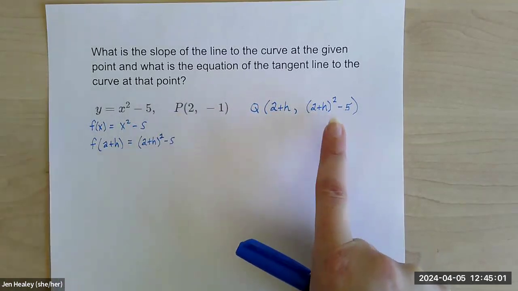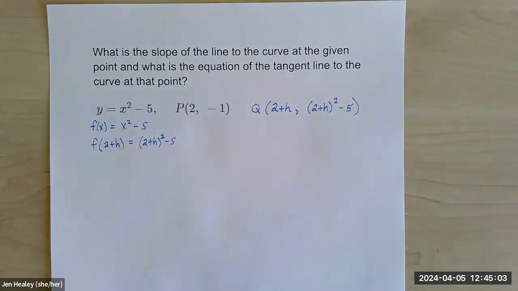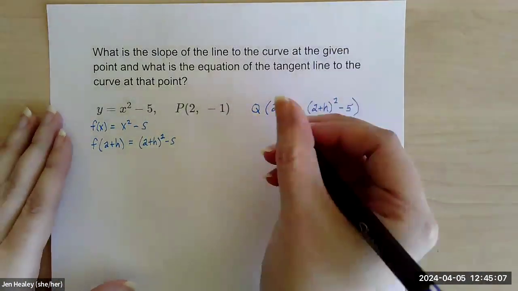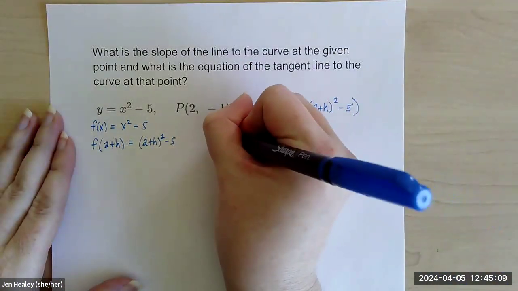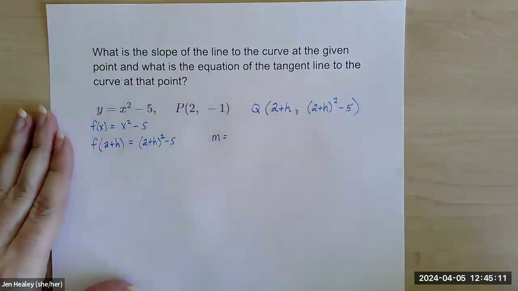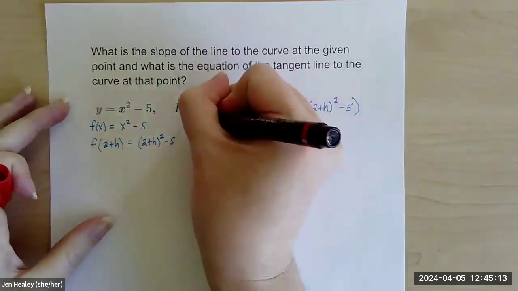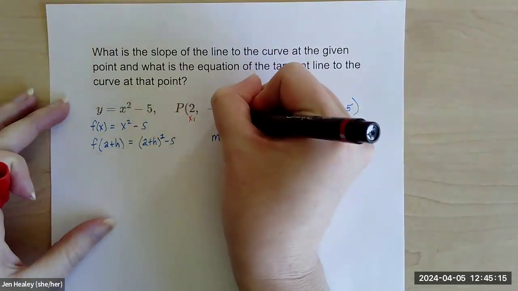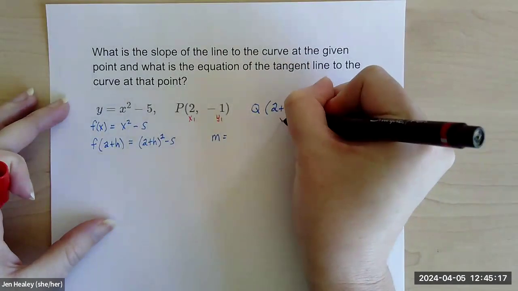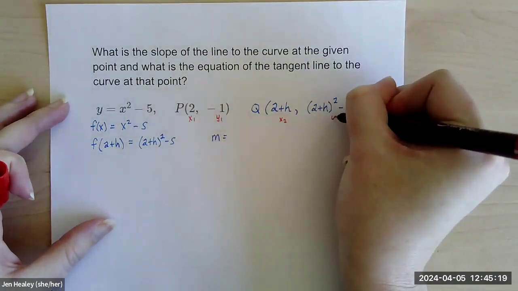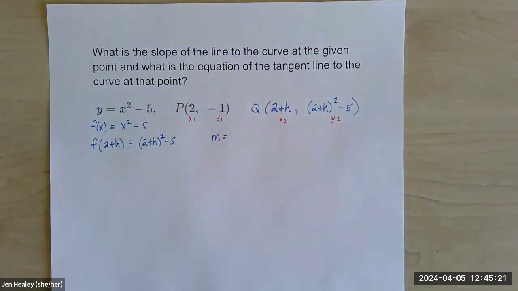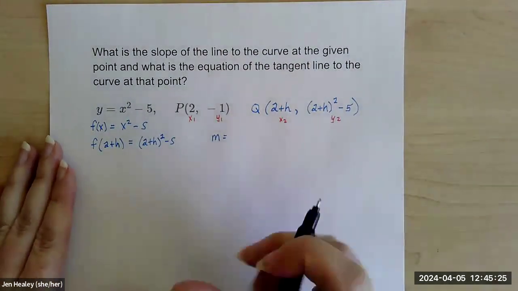So you're going to use now your same y2 minus y1 over x2 minus x1. This is your instantaneous rate of change formula. So if I want the slope, this is going to be my x1, y1, and this is going to be my x2, y2. It's just my y2 is kind of funky, but it's okay. We're still going to use it the same way.